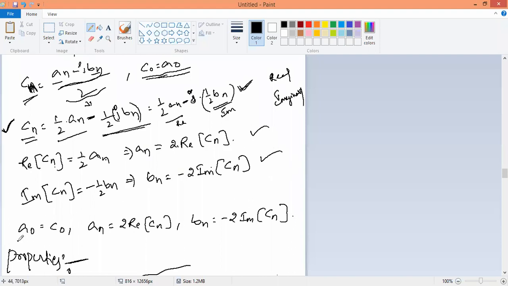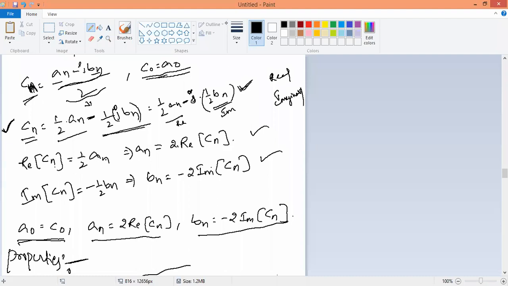So we have already calculated the C naught value: a naught equals C naught. The an value is the real part of Cn. The bn value is minus 2 into the imaginary part of Cn. Is it correct? Is it clear?